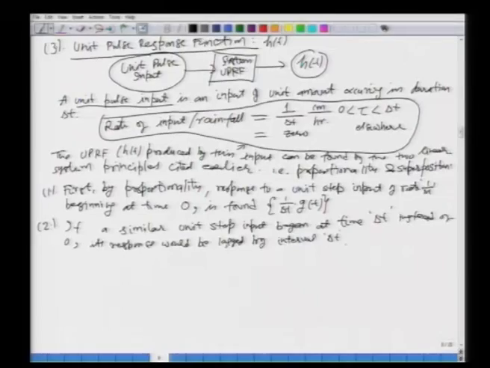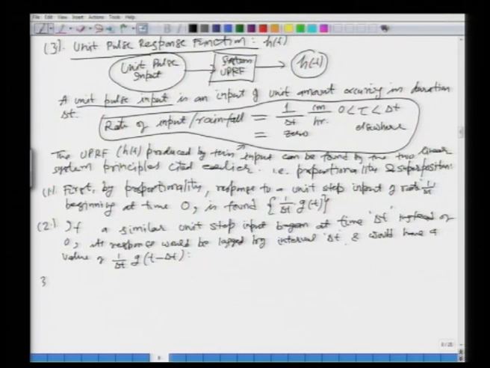So, the response will also start, or it will be lagged by delta t, right, and would have a value of what? 1 by delta t multiplied by what? g lagged by delta t, okay, all right.